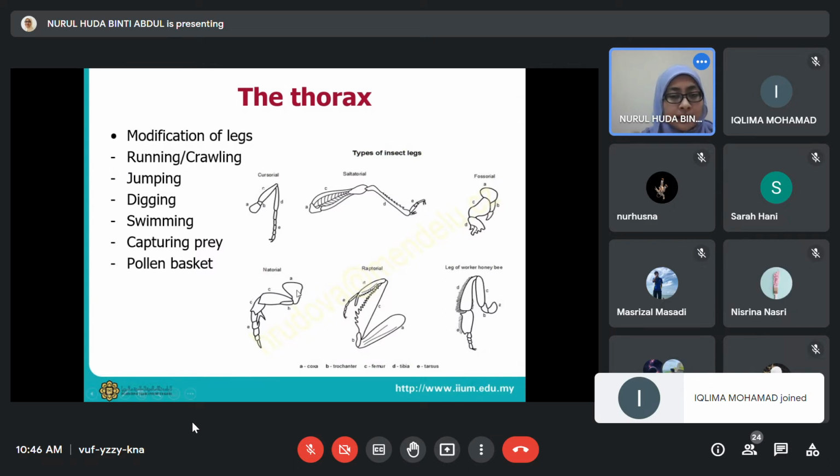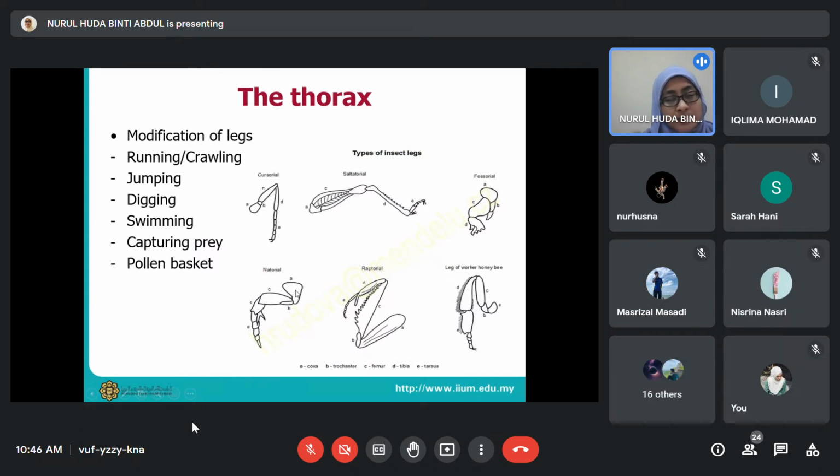Sometimes there is modification on the fore legs, but usually you can see it clearly on the hind leg for swimming. Some have long hairs, bulu-bulu halus dekat part of the legs to help them swim faster.